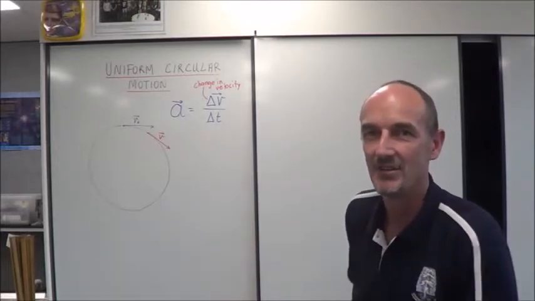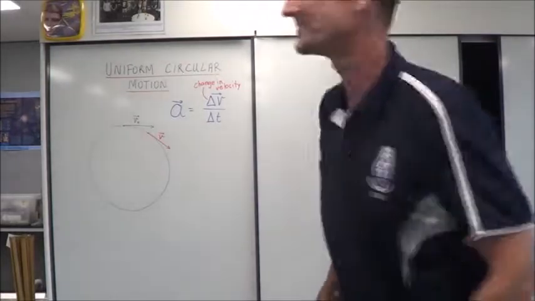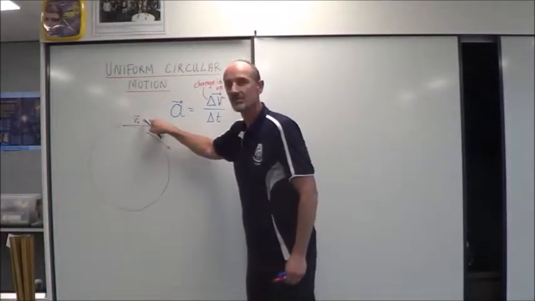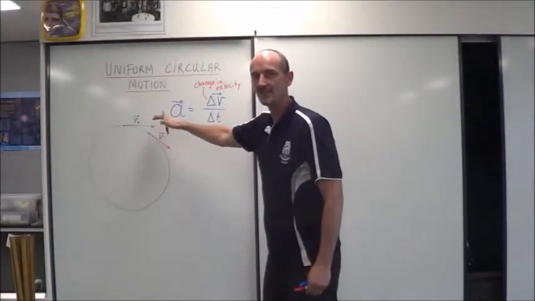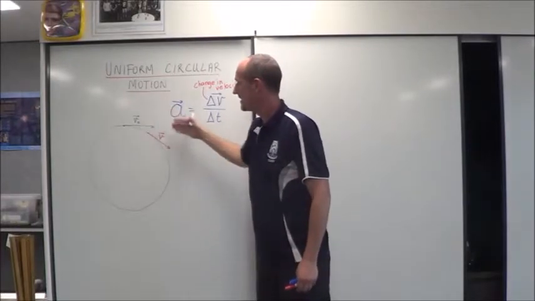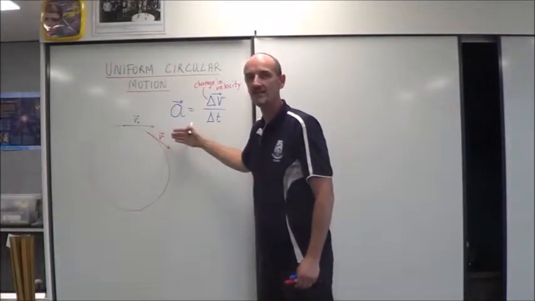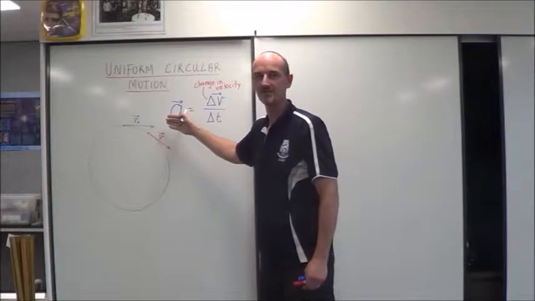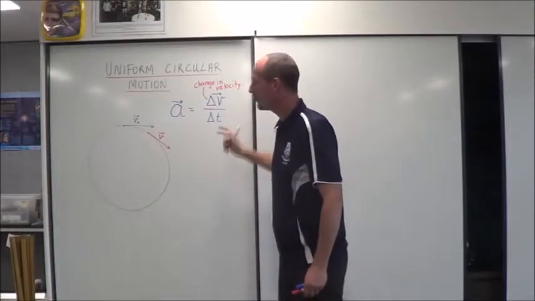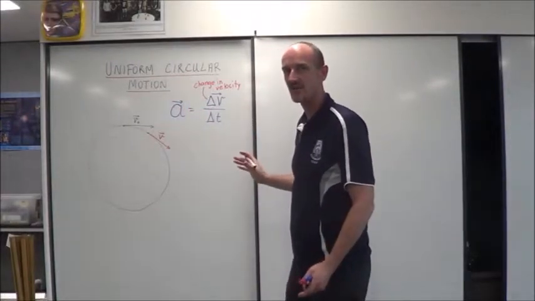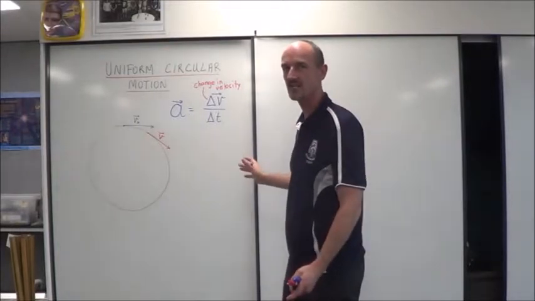Alright? So let's have a look at that. Okay, so these two velocities, you can see, have the same speed, but they have different directions. So what I want to do is actually see whether I can find out what the change in the velocity is.